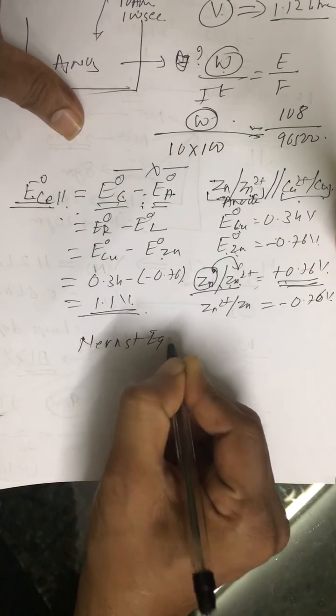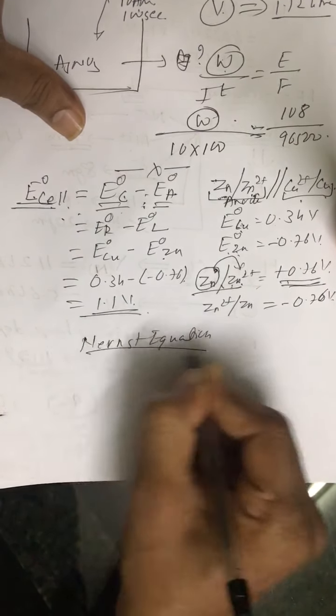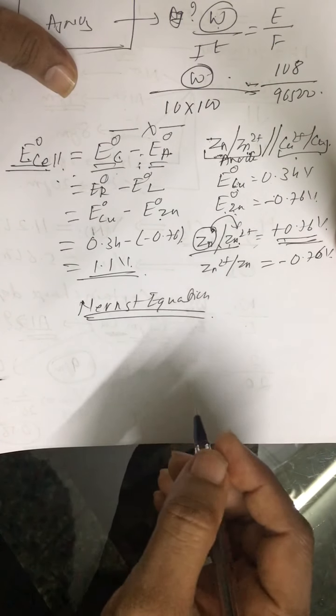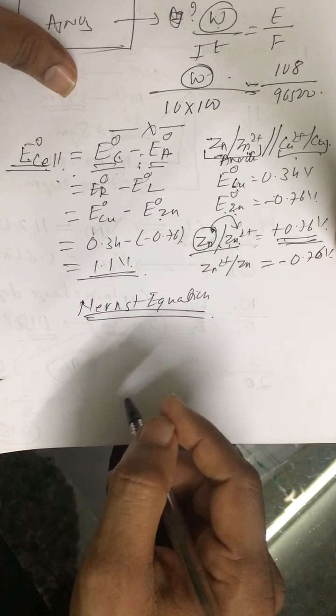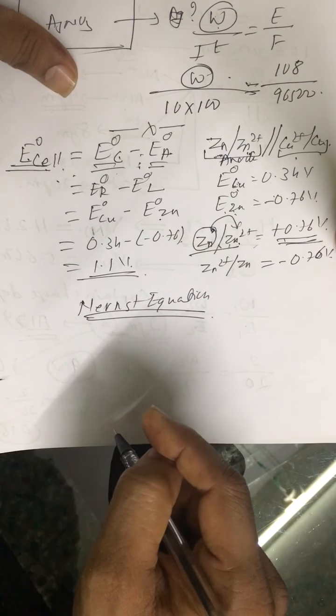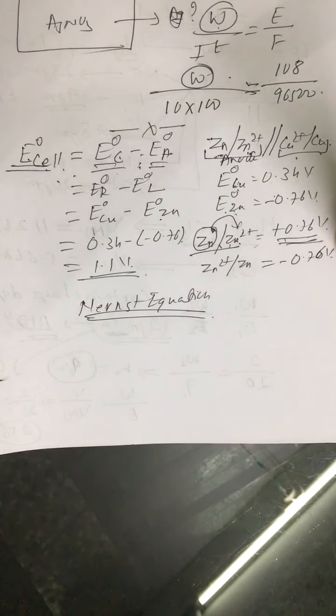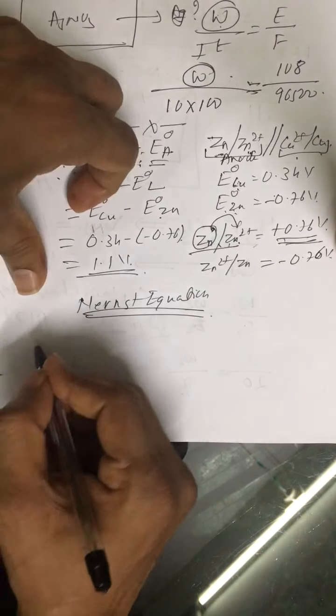The Nernst equation tells about the effect of temperature and concentration on EMF of a cell.